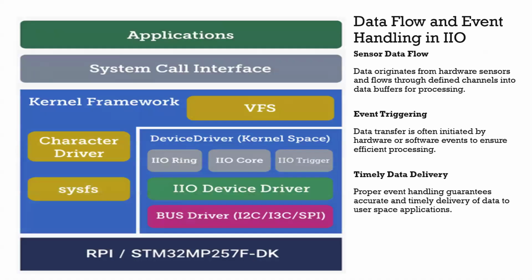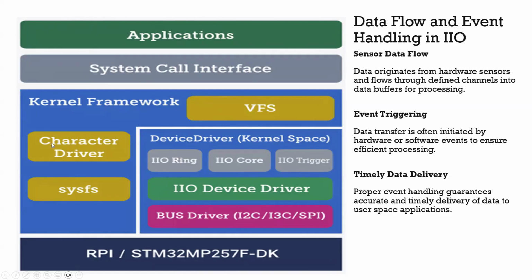Okay, so this is basically the typical architecture of the Linux IO subsystem. Here, the other components are not shown, only the IO components are shown. If you see the application, it interacts with the system call, and the system call interacts with the kernel framework. The kernel framework consists of the virtual file system, the character drivers, and the sysfs.